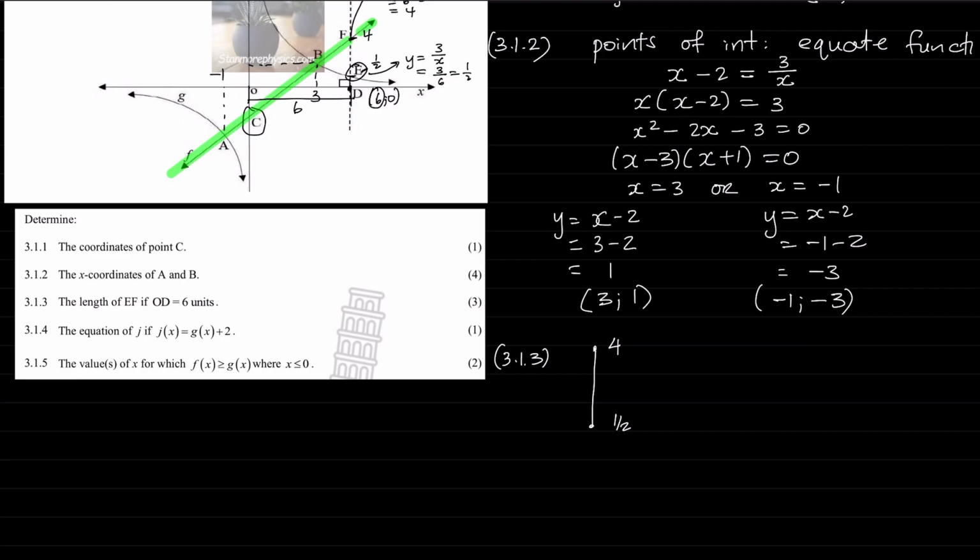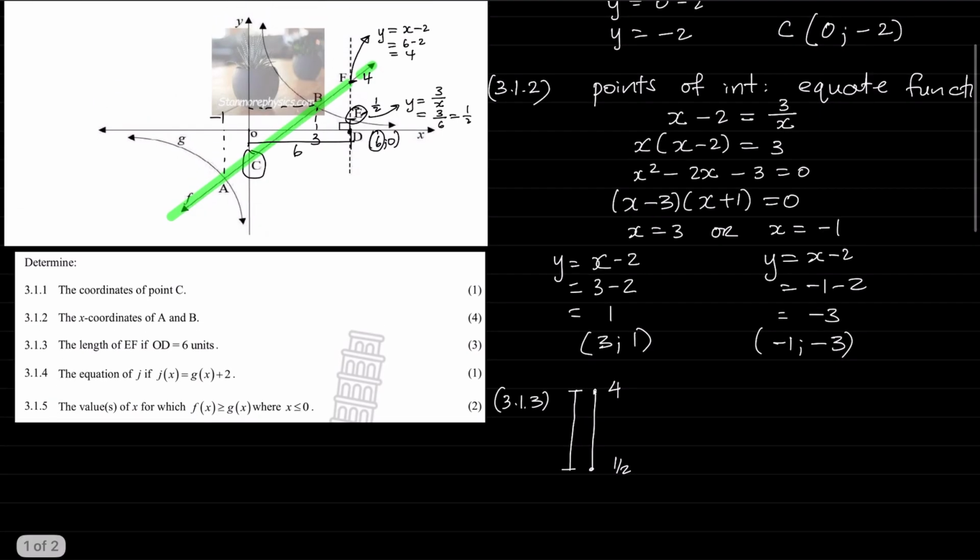So if you want the length of this, let's just write it as it is. It's FE. So that's F, that's E. So FE is going to equal 4 minus half, which is 3.5. So that length is 3.5.